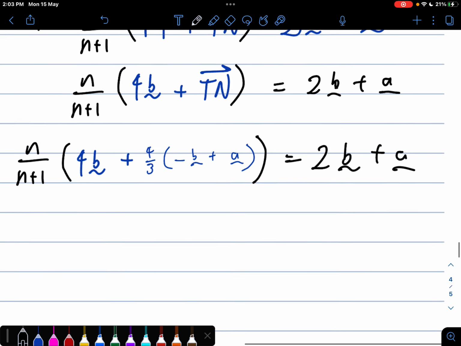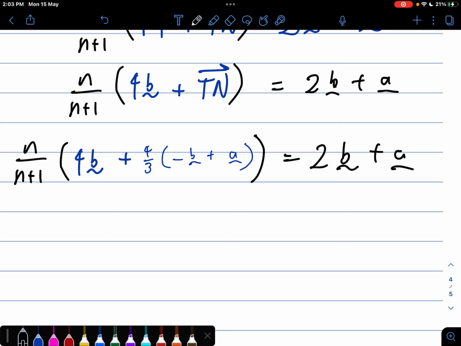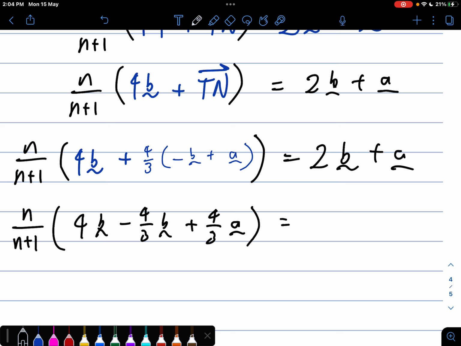Very good. Now we have an expression in terms of vector a, vector b, and n over n plus 1. What do we do now? We just simplify. I am not going to multiply n over n plus 1 yet. I'm going to simplify the following expression. 4b plus 4/3 times negative b is negative 4/3 b, and then 4/3 times positive a gives you 4/3 vector a, equals 2b plus a.